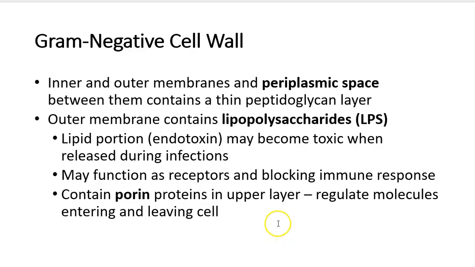Gram negatives have an inner and outer membrane with a space between them that contains a thin peptidoglycan layer. Okay? Thin. This is different. The outer membrane is called the LPS because it contains lipopolysaccharides.